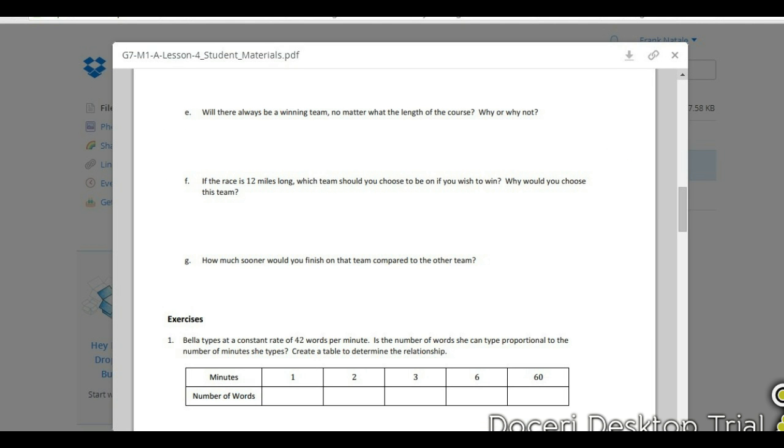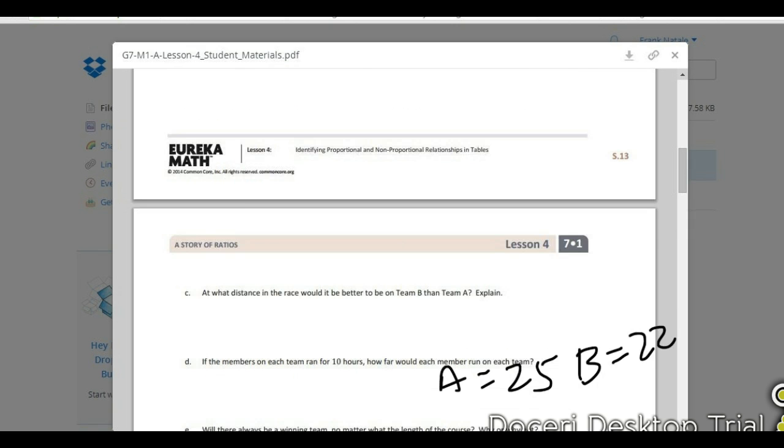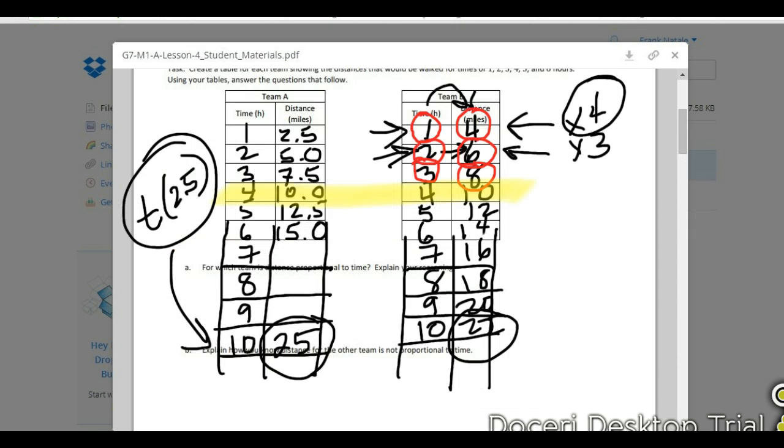Okay. So E asks, will there always be a winning team no matter what the length of the course? So if we go back again, we notice that at 10 miles, I'd highlighted it already, there would be a tie. They would both have run 4 hours. But that seems to me to be the only time that would happen, especially considering that B is getting further and further behind as you move up in the hours.